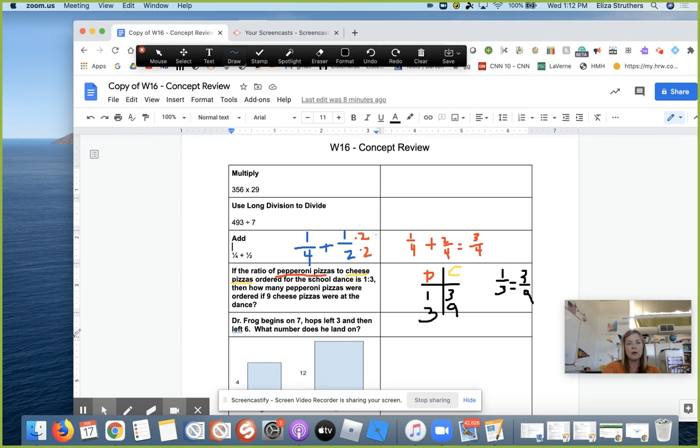Mr. Frog. For this one, I really encourage you guys to please draw a number line for these types of problems. Create a number line, and make sure that it has a 0 in the center. Then give yourself all those lines there.